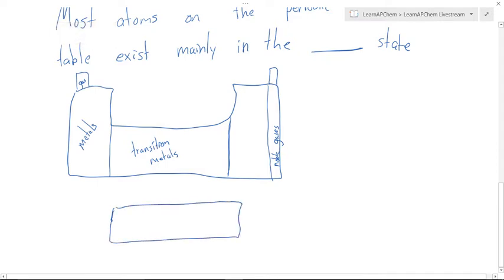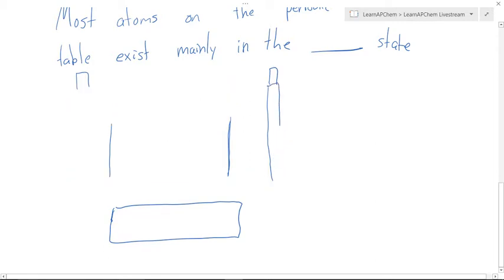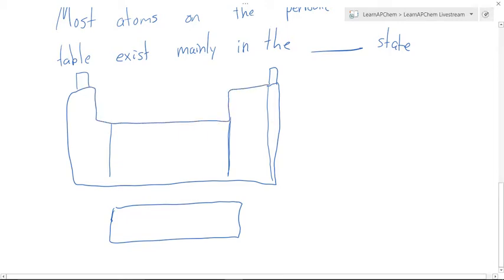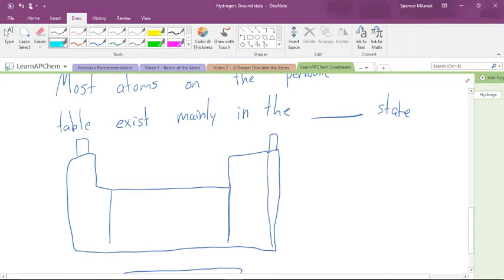Sort of like so. As a visual representation, I'll fill in the states as they exist. So I'll highlight in blue what the gases would be, and then I'll highlight in yellow the liquids.